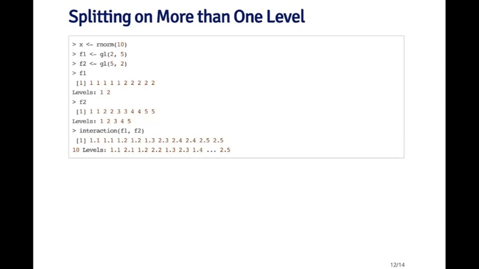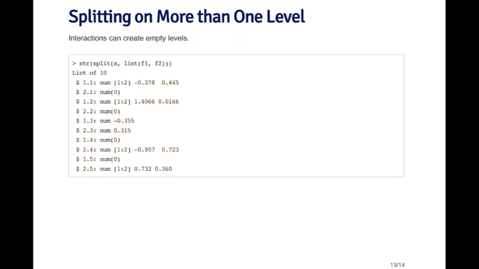So I can use the interaction function to combine all the levels of the first one with all the levels of the second one. Because there are 2 levels in the first factor and 5 levels in the second factor, there's a total combination of 10 different levels when you combine the 2 together. So when I call the interaction function, I get another factor that concatenates the levels of one with the other, and you can see that it prints out a total of 10 levels. Okay.